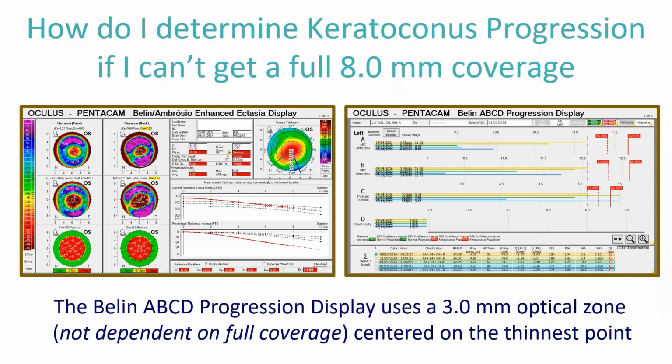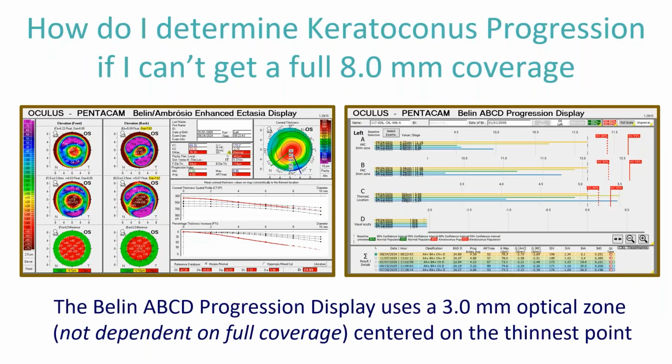B is the back or the posterior radius of curvature, again from the 3 millimeter zone at the thinnest point. And the C parameter is the minimal corneal thickness. Because we're only looking at a 3 millimeter zone centered on the thinnest point, we don't require a full 8 millimeters of coverage. In addition, 3 millimeters is almost always obtainable, so each exam can be compared.